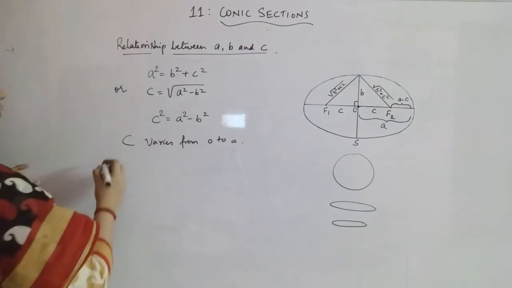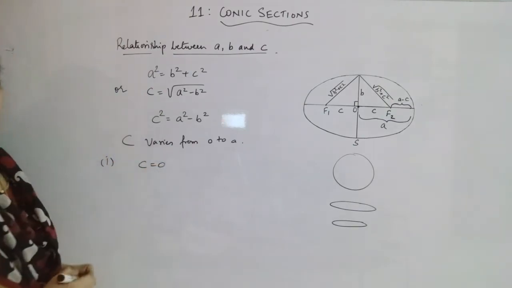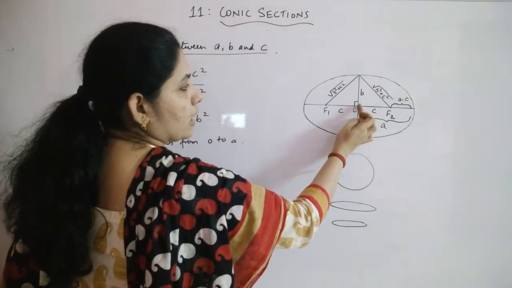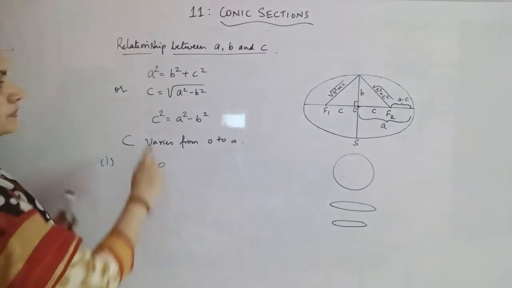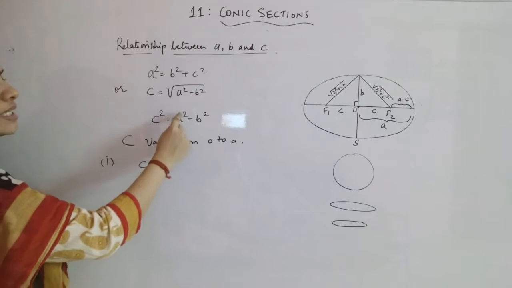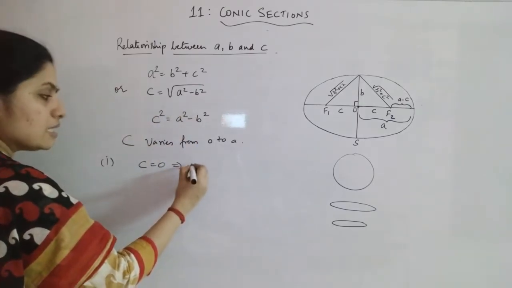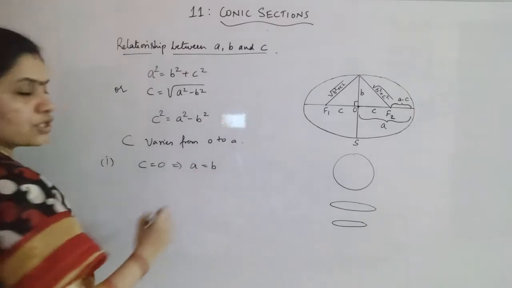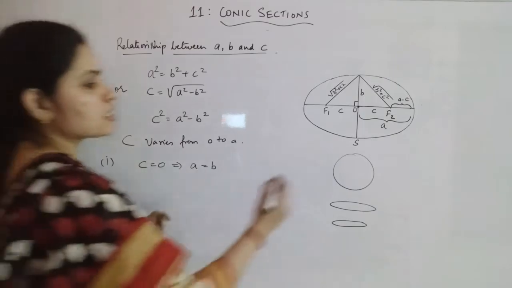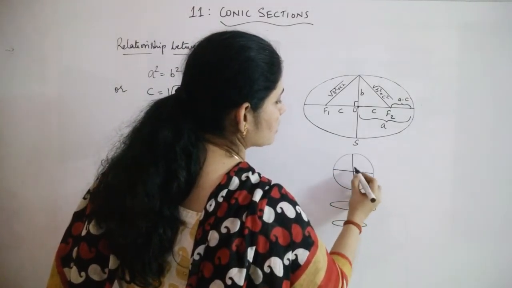So as we vary C from 0 to A, we are getting special cases. In the first case, when C is made 0, this distance is coming closer. At that time, C square is equal to A square minus B square. In this relation if you substitute, you will get A square minus B square is 0, or A square is equal to B square, or A is equal to B. Now when A is equal to B, this length is equal to this length.